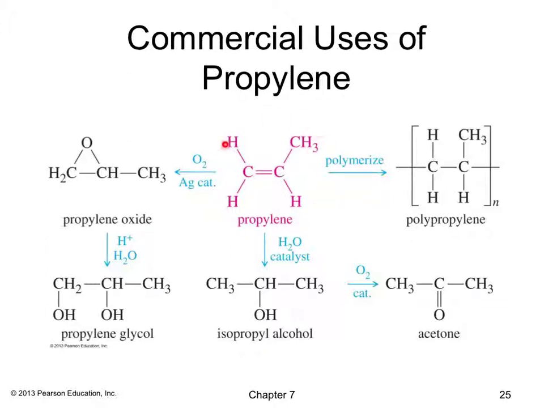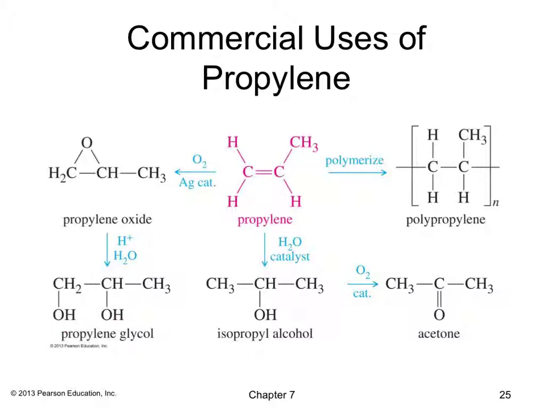Propylene, like ethylene, has a lot of reactions that can be performed on it. Again, you can do epoxide chemistry, in which you generate, in the presence of molecular oxygen and silver, the epoxide. This is called an epoxide. You can then take that propylene oxide, react it with water in the presence of acid to generate propylene glycol, the diol.